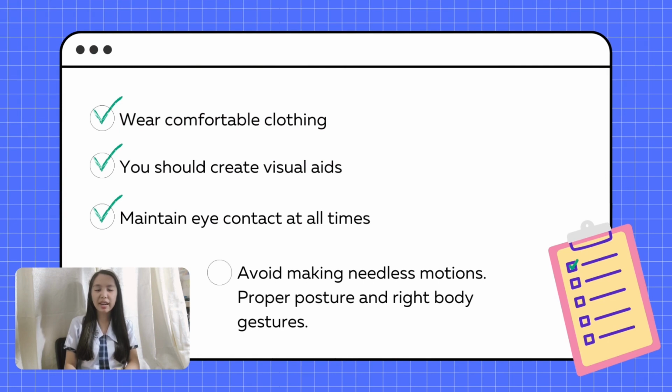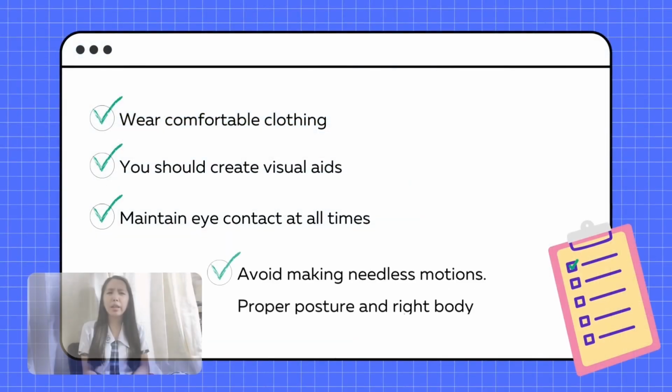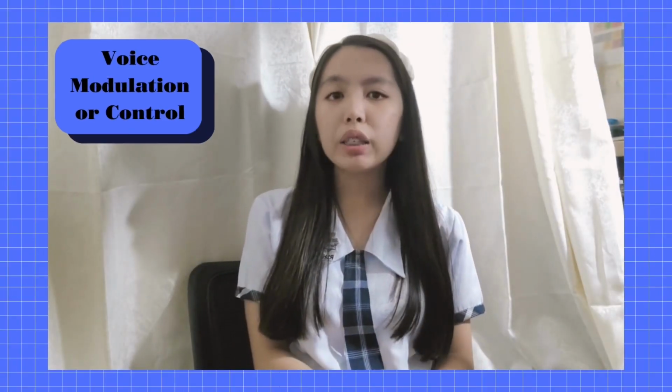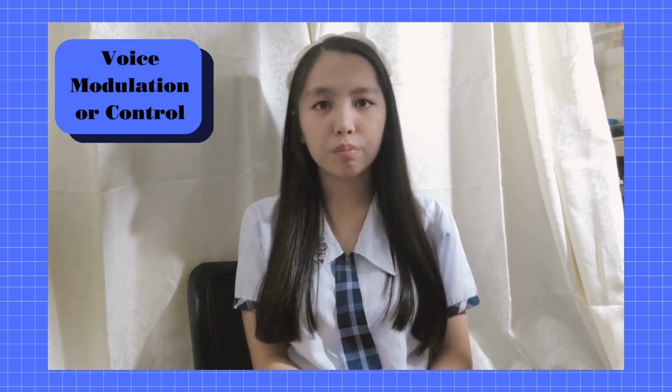Maintain eye contact at all times because it establishes connection with your audience. Avoid making needless motions. Correct your posture and use right body gestures. This way, you will look confident. In terms of voice and delivery, we have voice modulation or control.